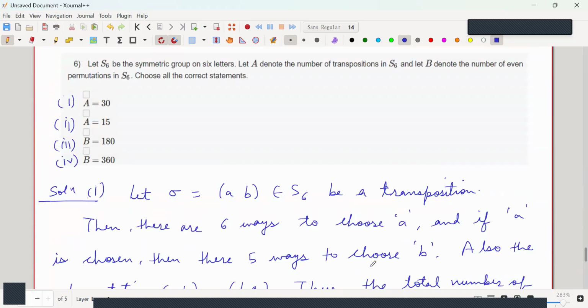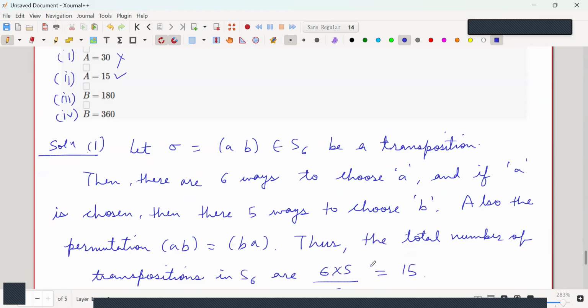Okay. What about the second one? The number of even permutations in S6.